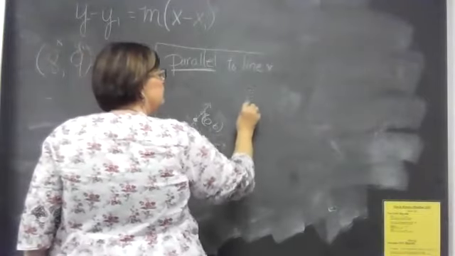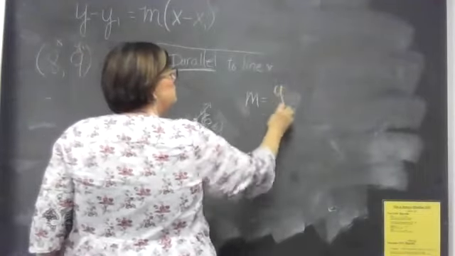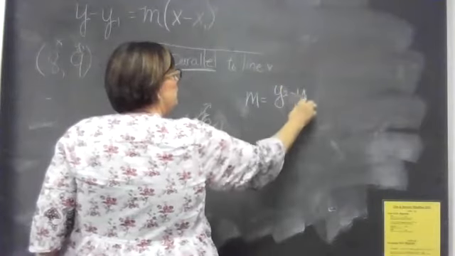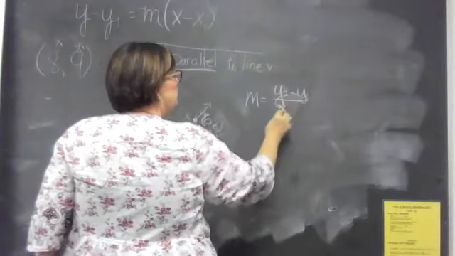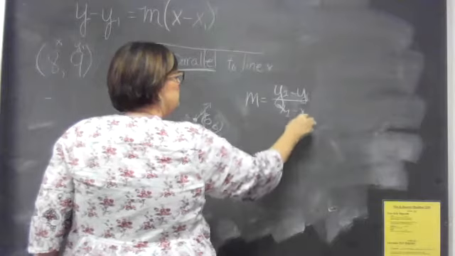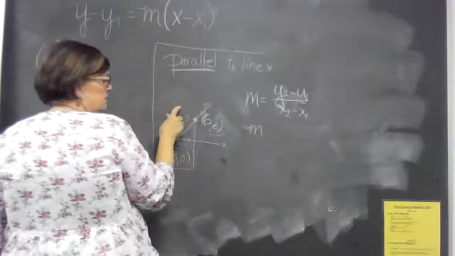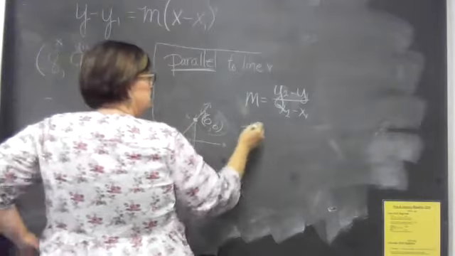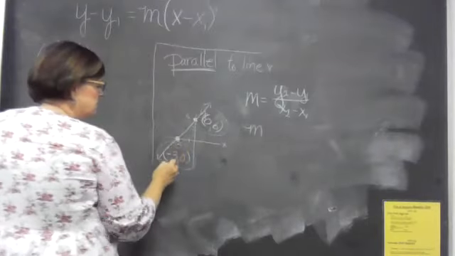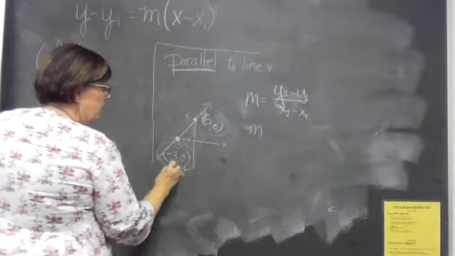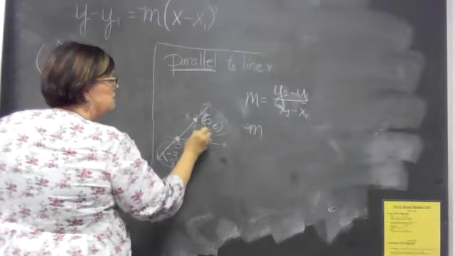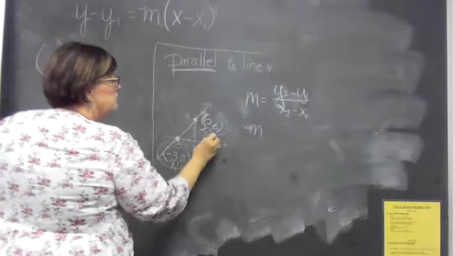I'm going to do m, slope equals y2 minus y1 over x2 minus x1. So the slope for this line is, here's our x and y. Let's make those the 1s. X, y, we'll make those the 2s.